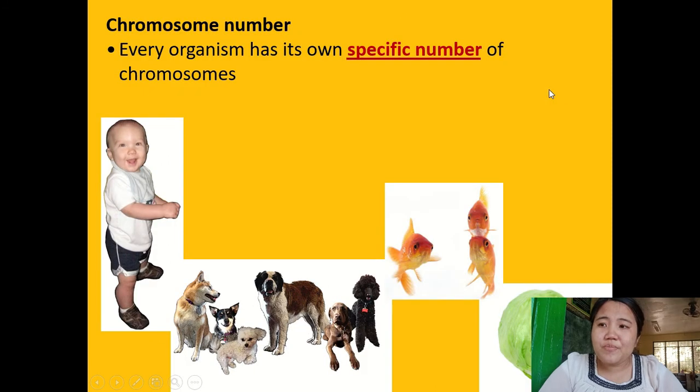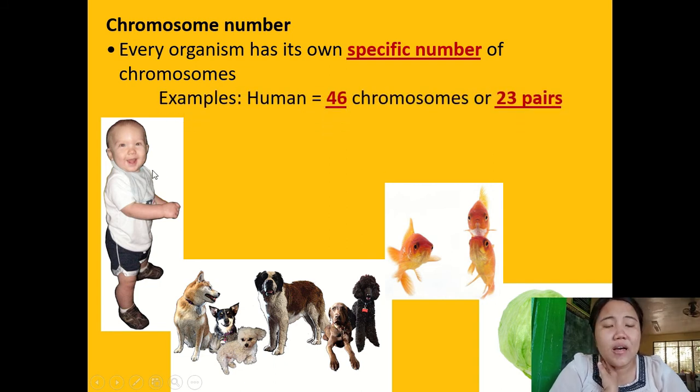Okay, understood? So, the chromosome number: every organism has its own specific number of chromosomes. Each organism, like the baby, the dogs, the fish, and the cabbage, these are considered living organisms. Each of them has a specific number of chromosomes. For example, humans have 46 chromosomes. Paired up together, we have 23 pairs of chromosomes.